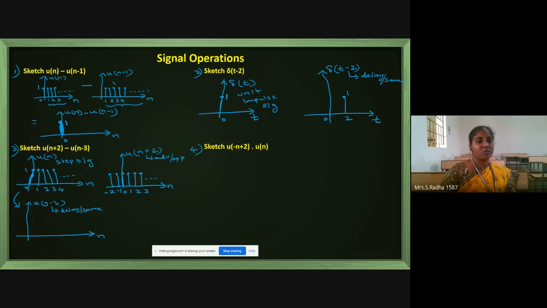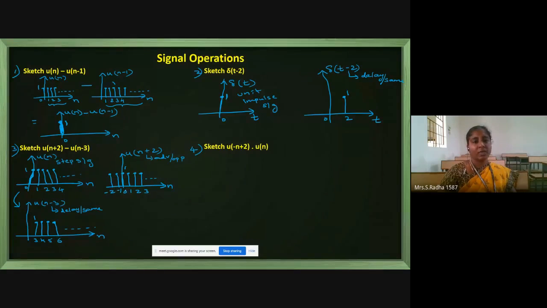In the same direction means you have to shift right, and the signal will start from 3, 4, 5, 6 like that up to infinite. The original diagram is from 0. The pillars are there from 0 onwards in the original diagram. Now a right shift of 3 units means the pillars will start from 3. However, the height of the signal will not change. It is 1 in all these diagrams.